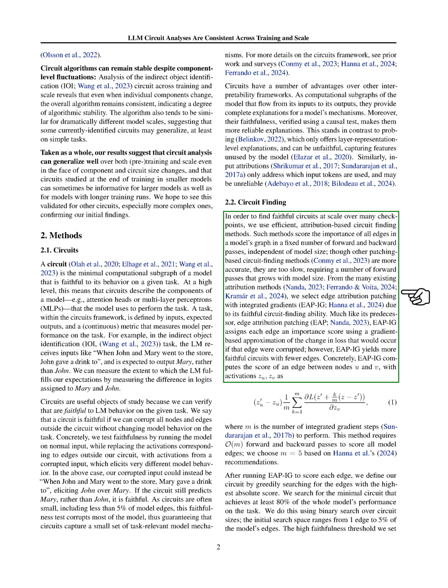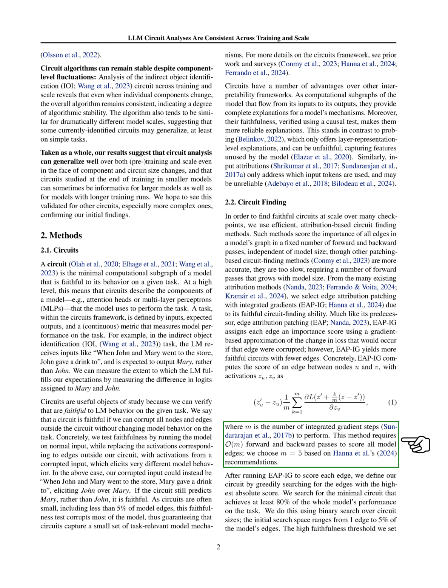Among various attribution methods, we opt for edge attribution patching with integrated gradients, EAPIG, due to its reliability in finding faithful circuits. EAPIG assesses the significance of each edge by approximating how the loss would change if that edge was altered. By performing a fixed number of integrated gradient steps, typically 5, EAPIG scores all edges in the model.